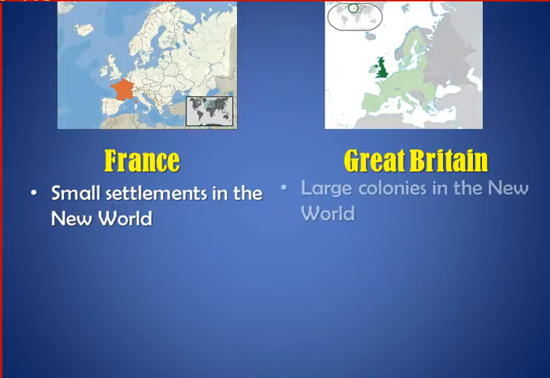And because of this, as you'll see, the British, who had large colonies in the New World, the 13 large colonies, who do you think was affected most by the settlements of the French and the British? And of course, it was the Indians, the people that lived here already.